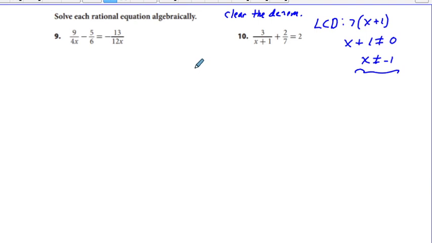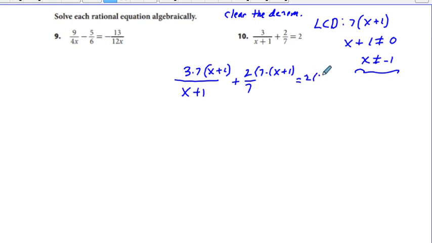So we have 3 over x plus 1, and we're going to multiply this by 7 times x plus 1, plus 2 sevenths times 7 times x plus 1, and that's going to be equal to 2 times 7 times x plus 1.